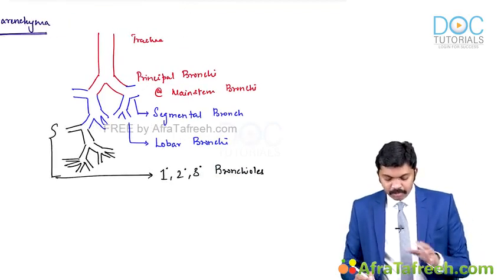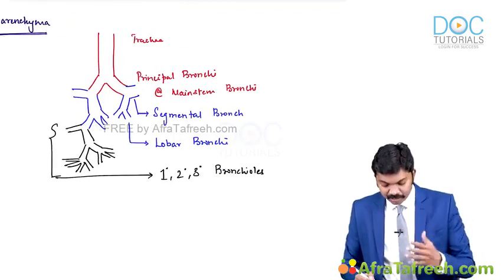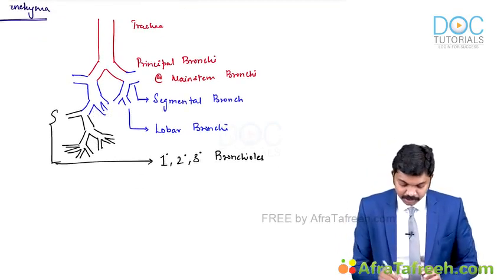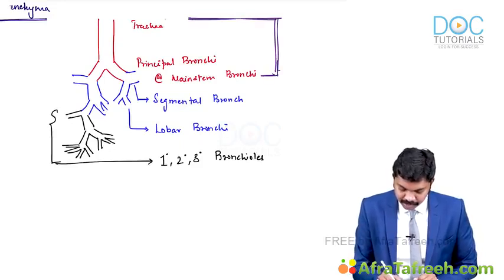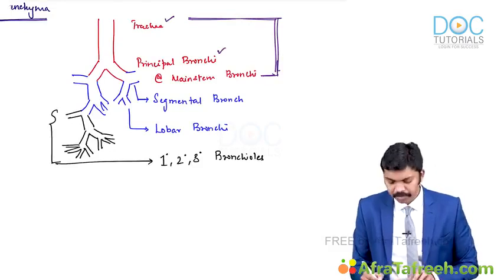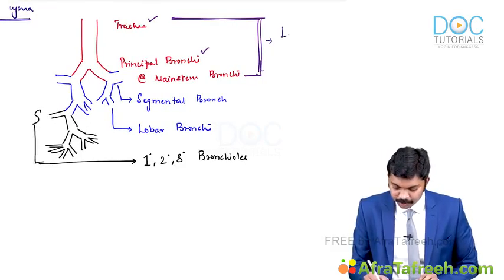Now the importance of using different colors for different segments is this, doctors. The trachea and main stem bronchi, these two structures, trachea and main stem or principal bronchi, are large airways.